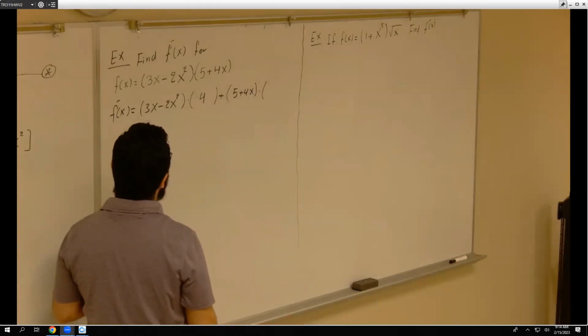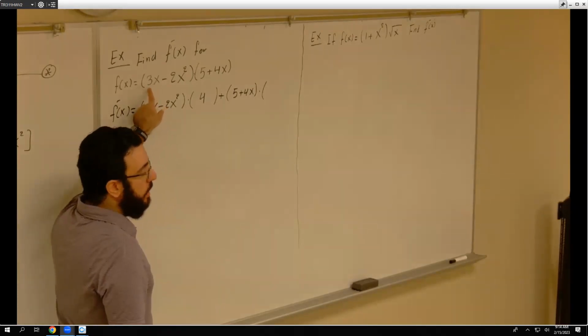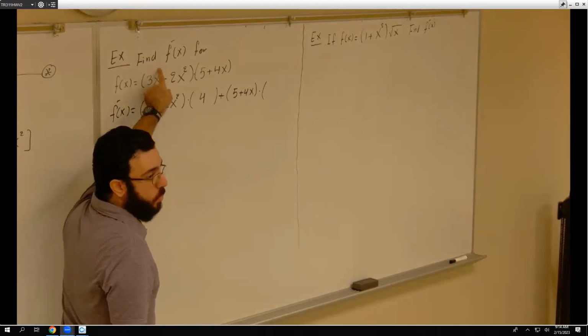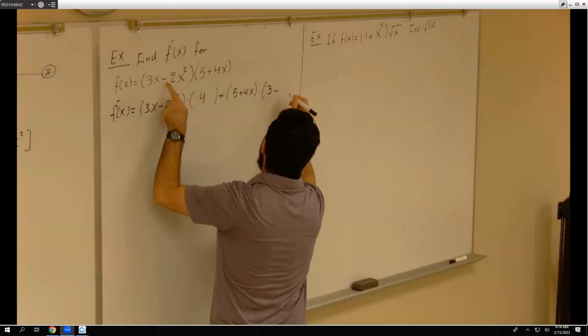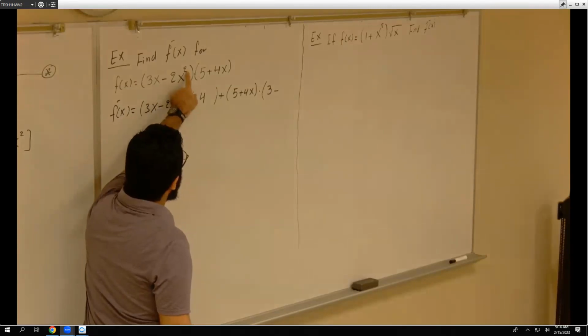Let's check the derivative for the first one. The derivative for 3x is going to be 3 because x, 1 minus 1 is going to be 0. x to the power 0 is going to be 1. That means 3 times 1 is going to be 3. Minus the derivative for 2x to the power 2. 2 times 2 is going to be 4.